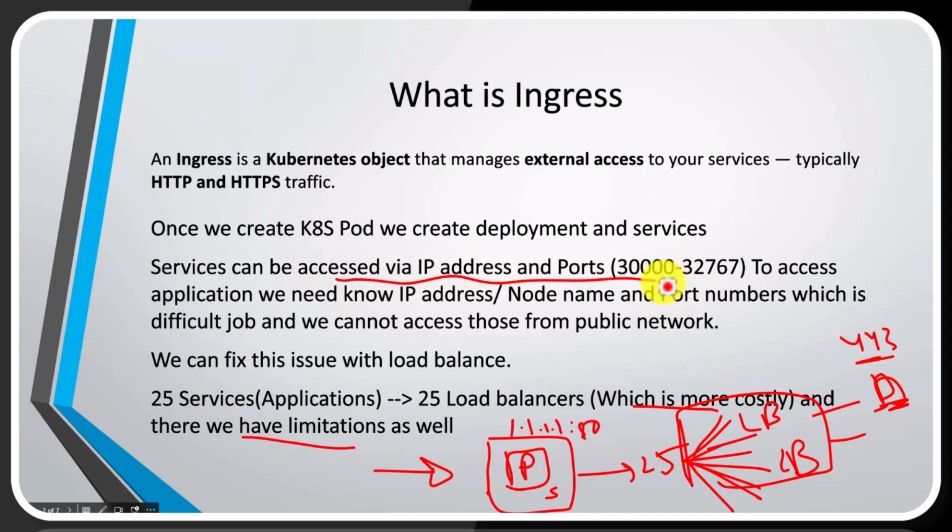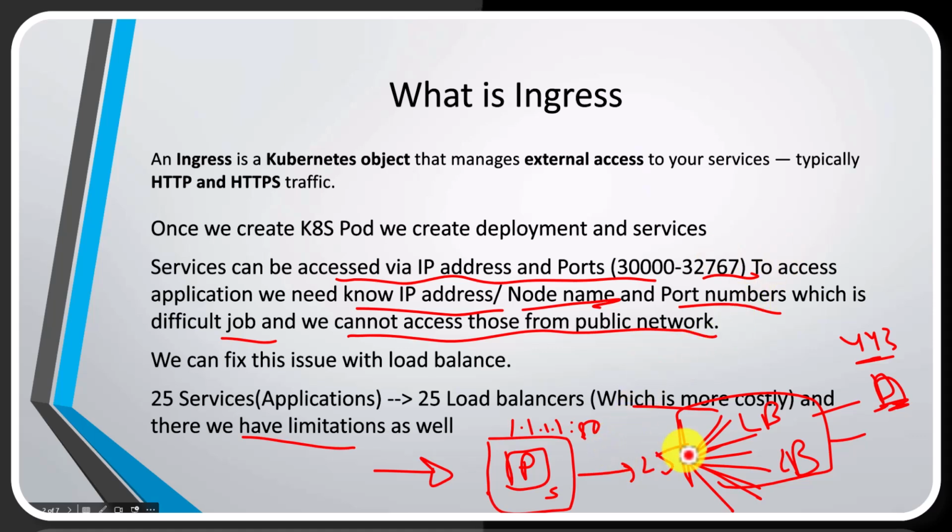Usually the Kubernetes service port numbers are from 30,000 to 32,767 to access the application. One very difficult job is you have to know the IP addresses or the particular machine names and the port numbers, which is difficult, and we cannot access the port numbers and IP addresses directly from the public network.